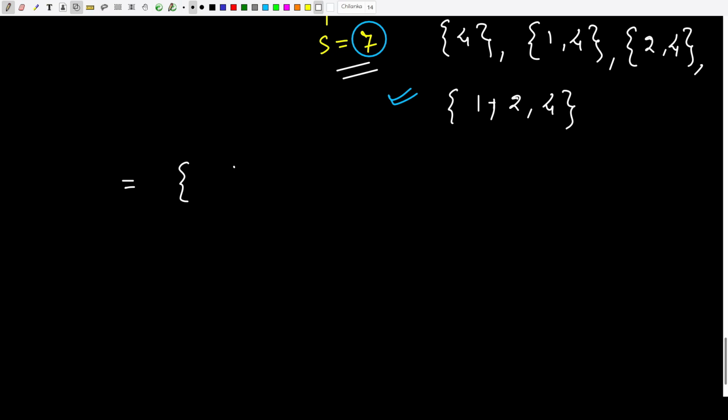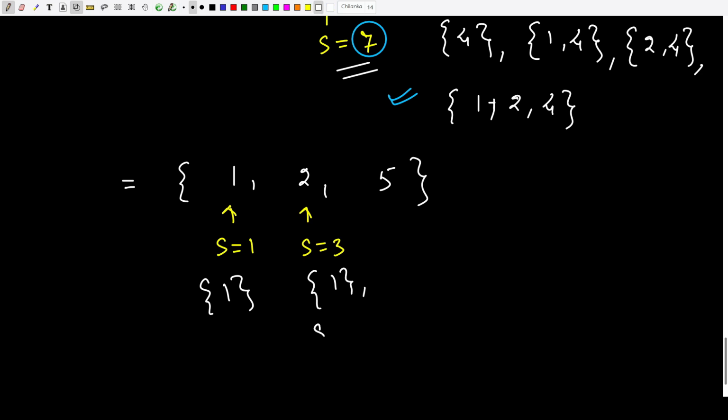So let us say the array which is given to us is 1, 2 and 5. Now when we are at this position, the sum is equal to 1 and the number which can be represented is 1 itself. When we are at this position, the sum is equal to 3. So all the numbers till 3 we should be able to represent: 1 and 2.